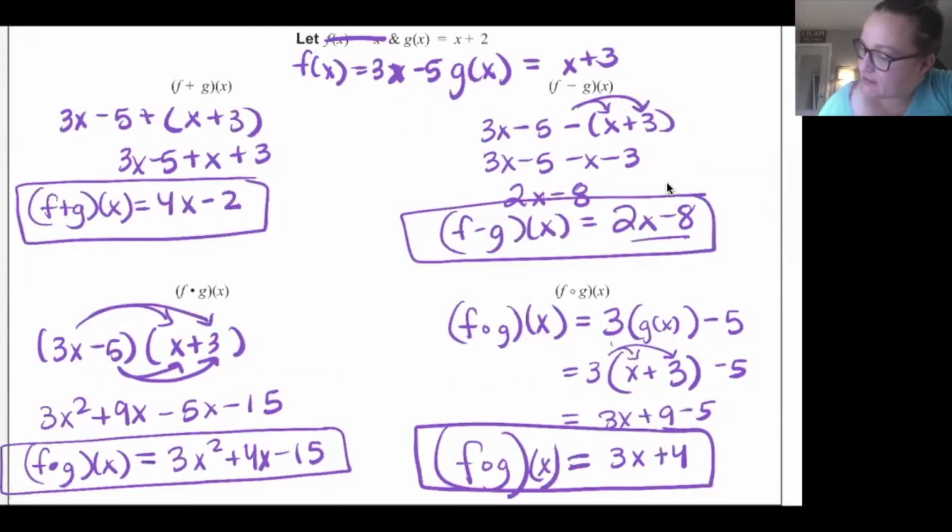So remember this says f of g of x is equal to 3x plus 4. So how did that work? Well, f of x was really 3x minus 5. So I replaced the x with g of x. G of x is x plus 3. So I have to take 3 times x plus 3 and then subtract 5.